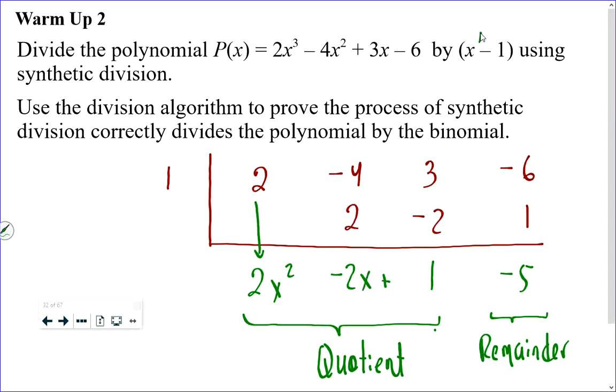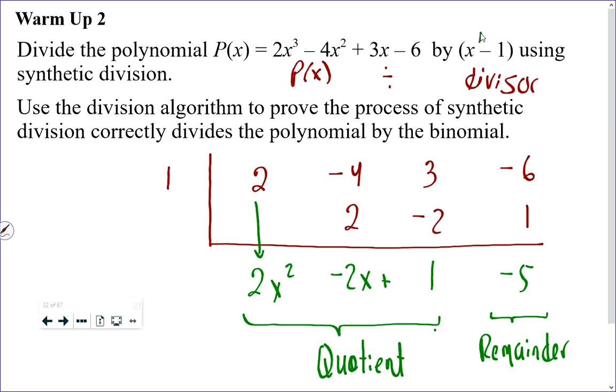The quotient are the coefficients of the quadratic result of the division. So, according to synthetic division, when I take this polynomial and I divide by this, well, I'll just say divisor, I get a quotient of 2x squared minus 2x plus 1 with a remainder of negative 5.